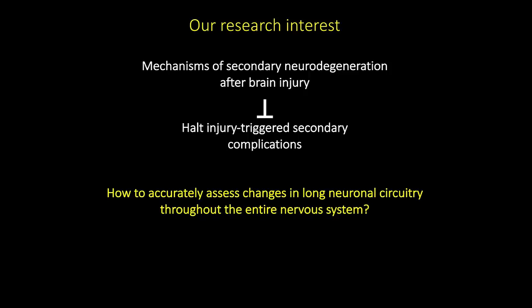The major problem in experimental research now is how to accurately assess changes in long neuronal circuitry throughout the entire nervous system, throughout the entire brain, how we can see this local degeneration spreading to distal parts, changing the distal circuitry.